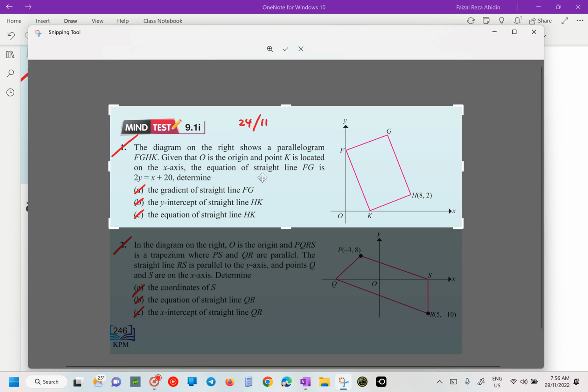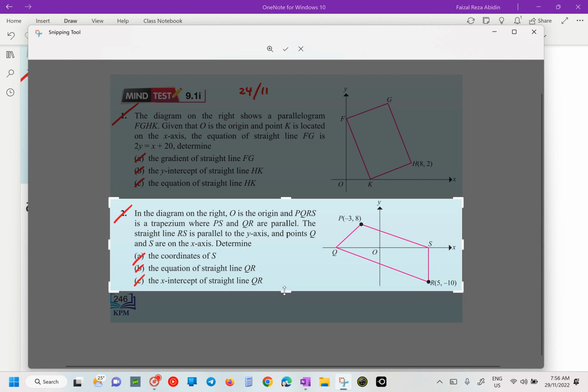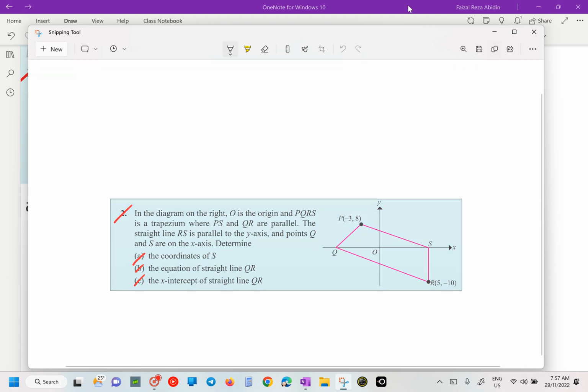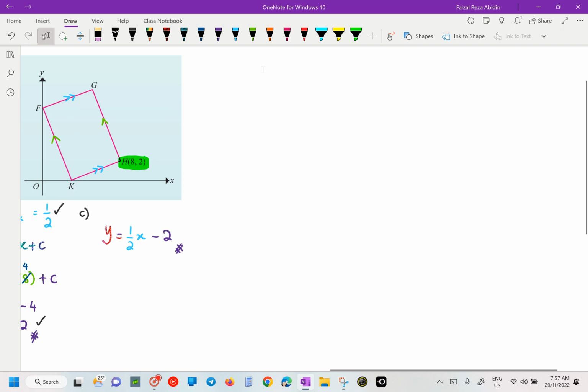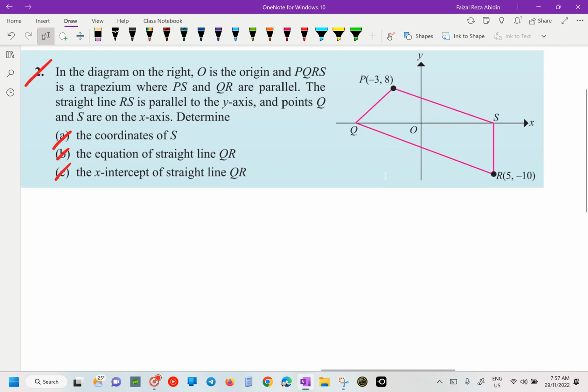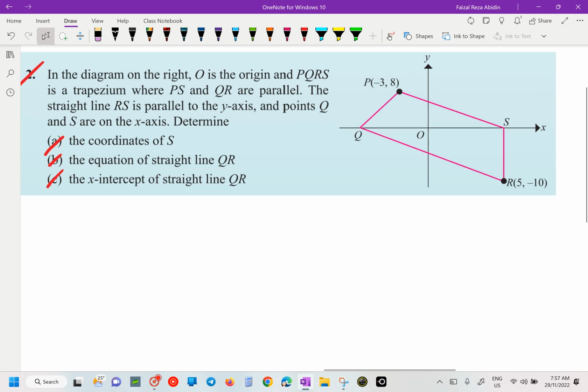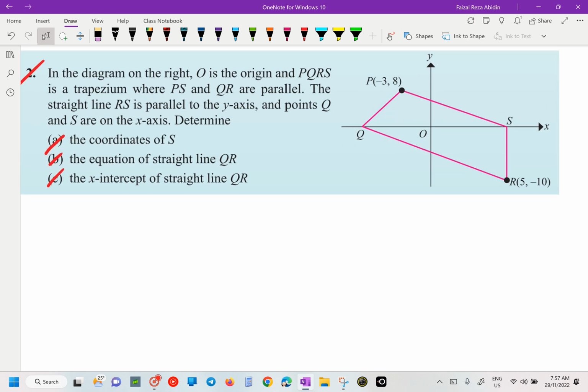Okay. We are going to look at our question number 2 now. For our question number 2 here, we have O is the origin and PQRS is a trapezium, where it's given over here PS is parallel with QR.